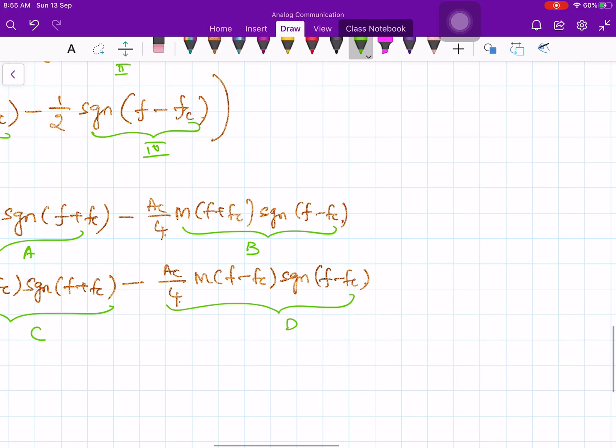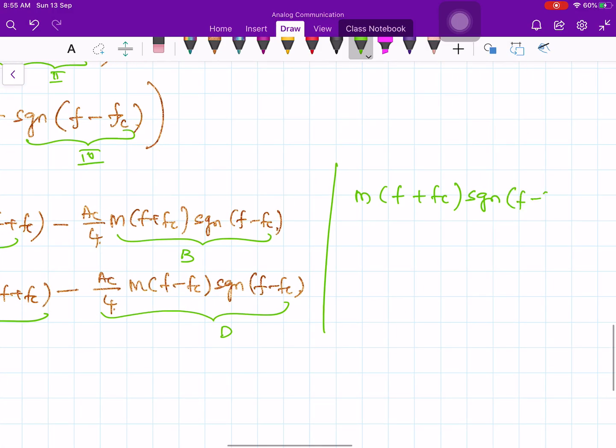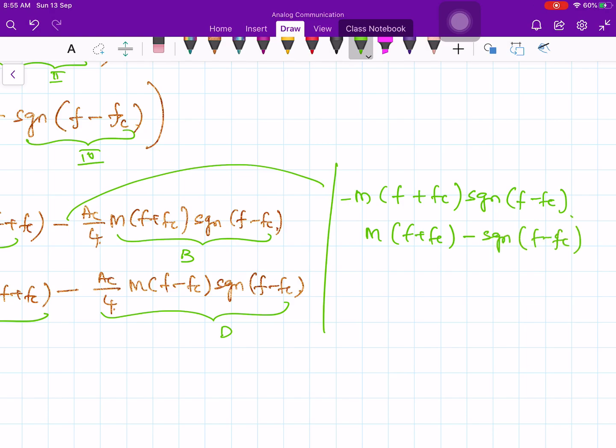B term says m of f plus fc, signum of f minus fc. Take this minus sign also here. So that means m of f plus fc minus signum of f minus fc, like this.